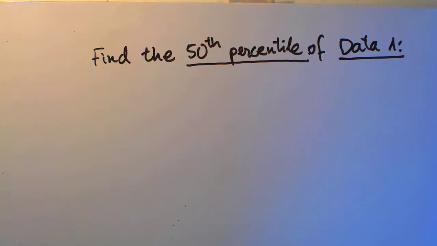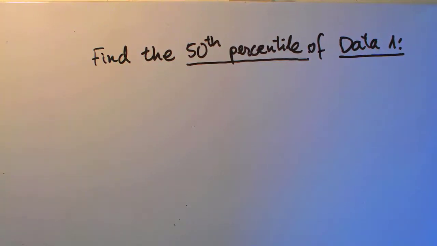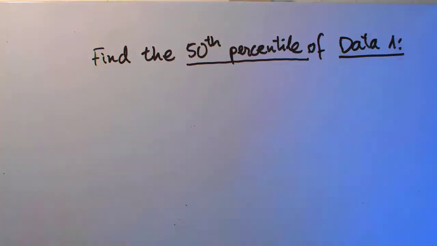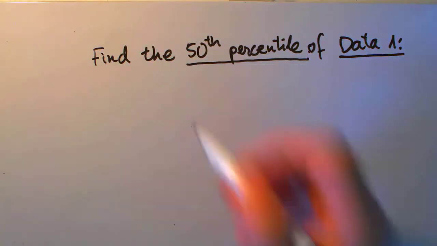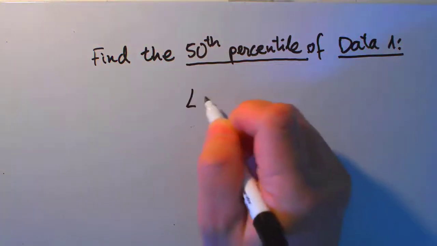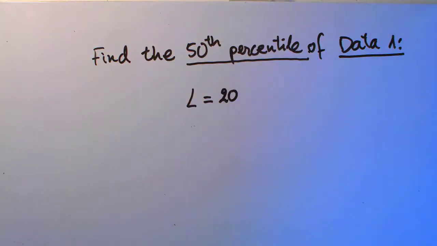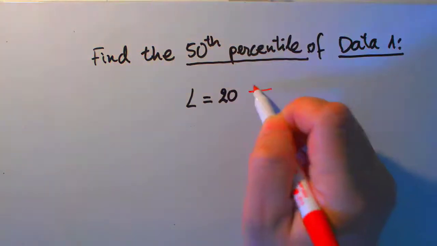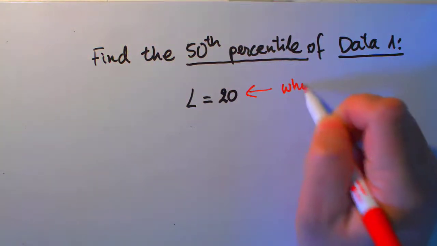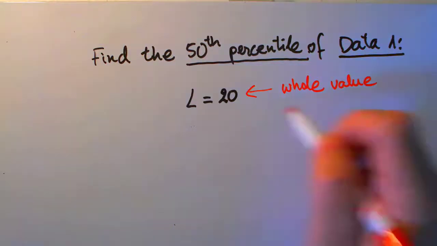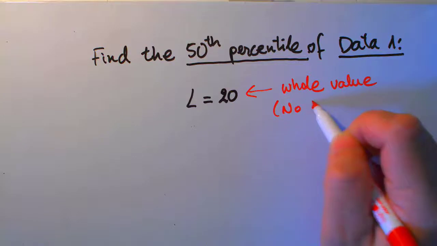All right. I hope that everyone has spent some amount of time looking for the 50th percentile of data 1. I'm sure you found your locator to be 20, and I am sure that you didn't need to round. It was simply straight out of the calculation, a whole value. We didn't have to round.